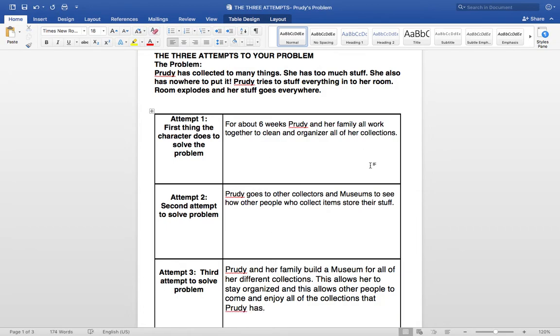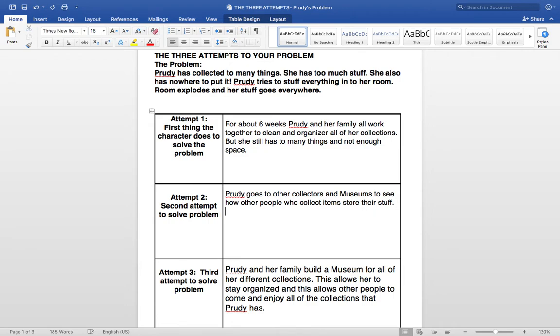Okay? So in our first attempt, we have Prudy and her family organize her stuff, but she still has too many things and not enough space. Okay? In the second attempt, Prudy goes to other collectors and museums to see how other people who collect items store their stuff.